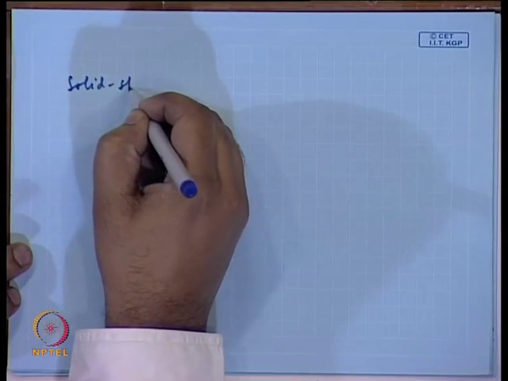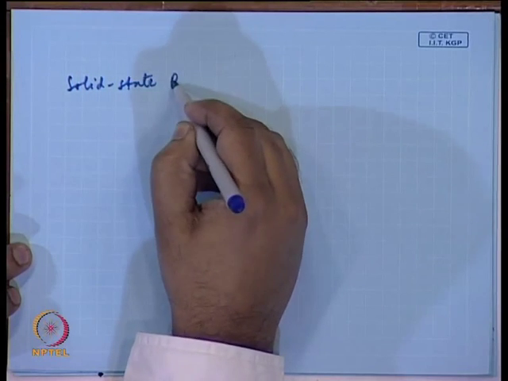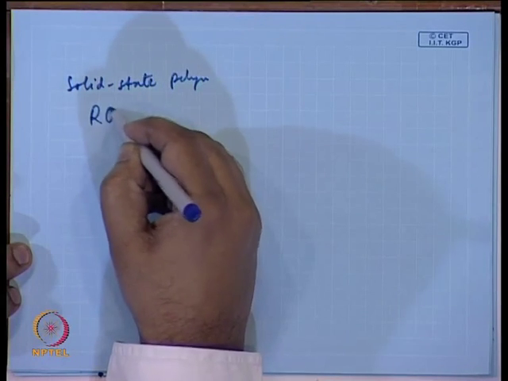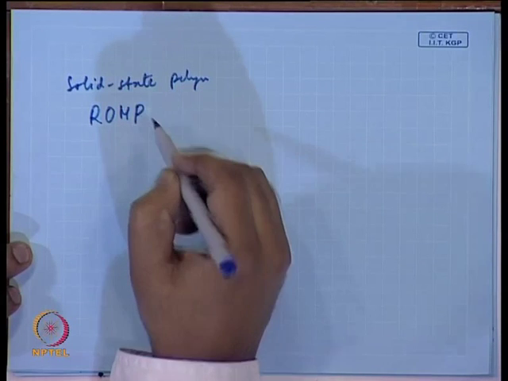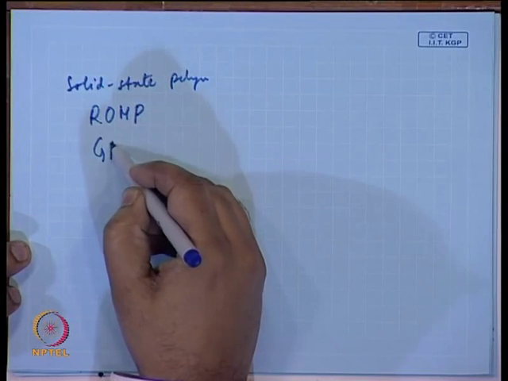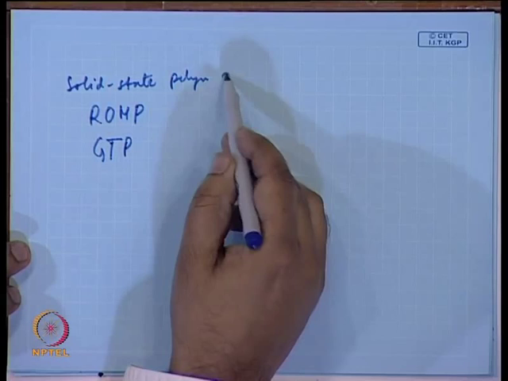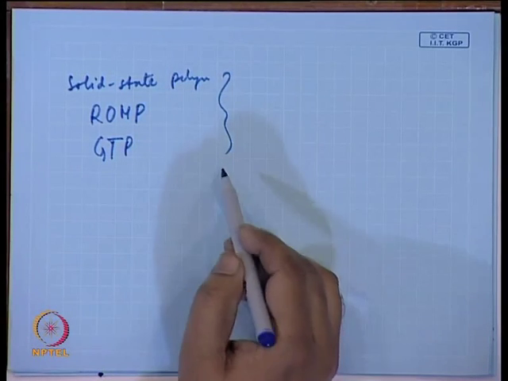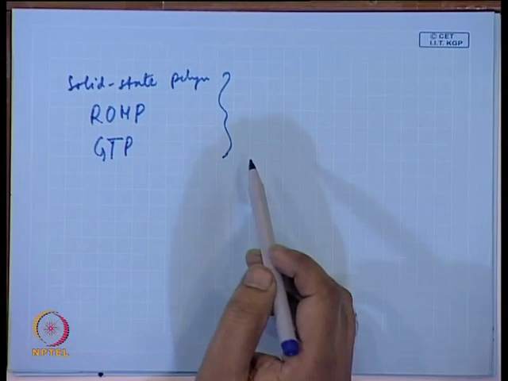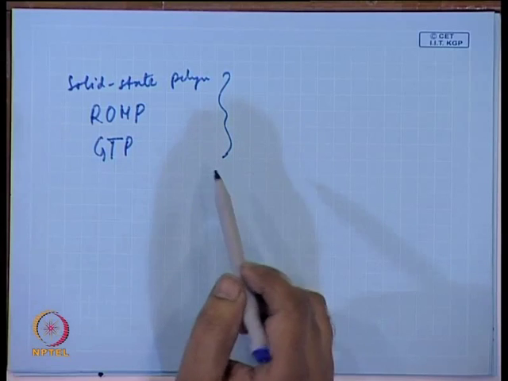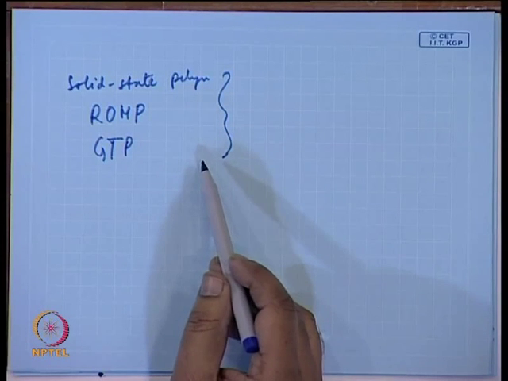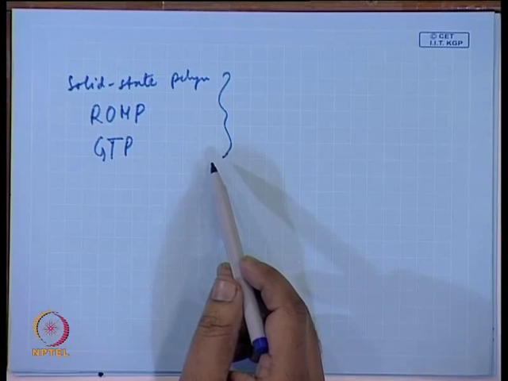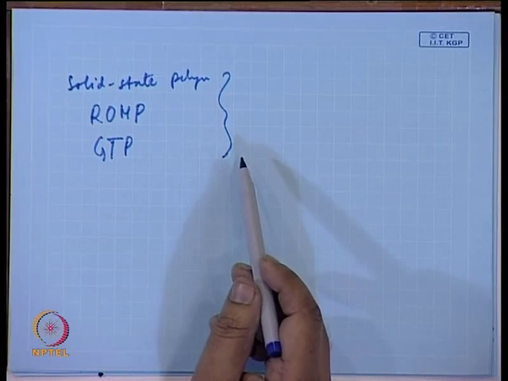For example, solid state polymerization, ring opening metathesis polymerization, or group transfer polymerization. Now, these are not very common examples of polymer synthesis, and not a lot of industrial polymers are made by these techniques. So, they can be covered in a specialized course on polymer synthesis itself.